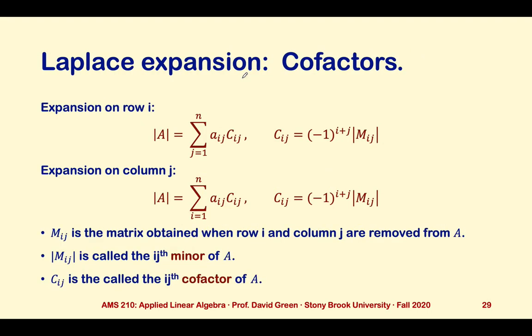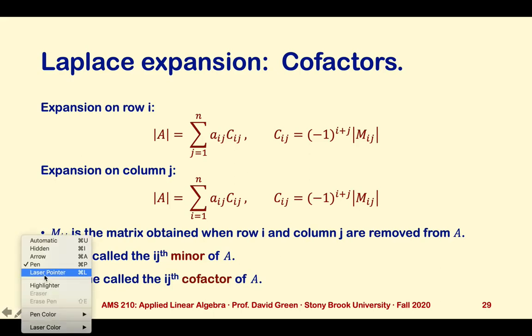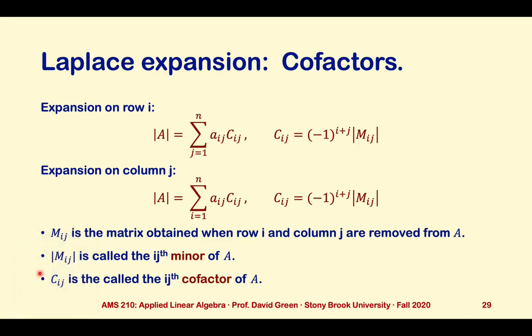The general expression for how this works is known as the Laplace expansion, and uses a set of ideas known as cofactors. There are actually two ways that we can write the Laplace expansion. One is over an expansion on a row that we just showed.